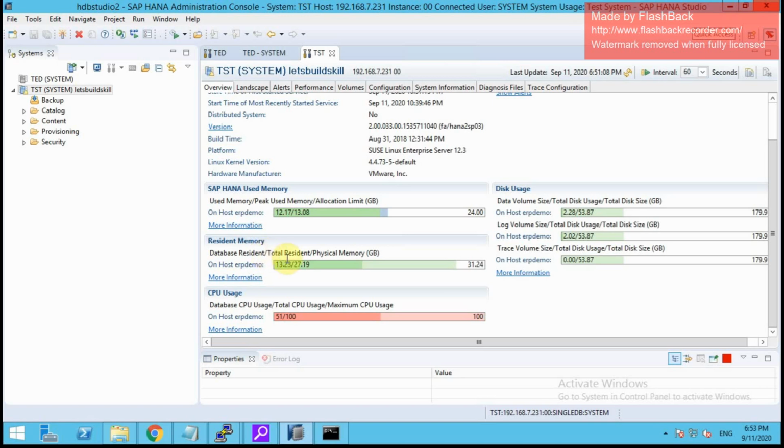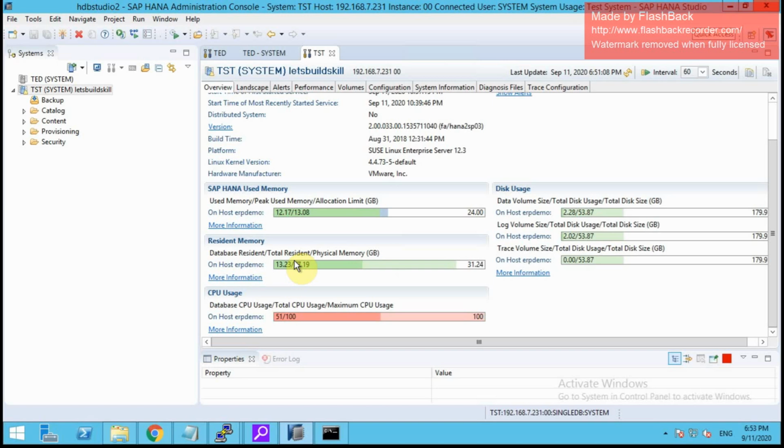What is database resident? What is total resident? What is used memory? What is peak used memory? What is allocation limit? There is no clear-cut understanding of these types of memory and how they are used by the SAP HANA database.